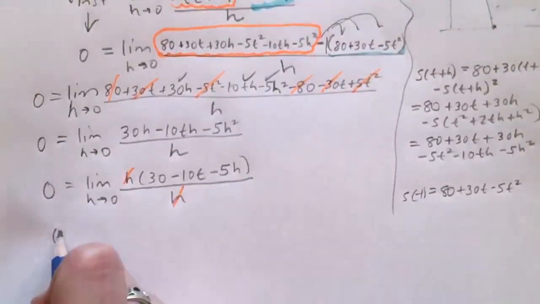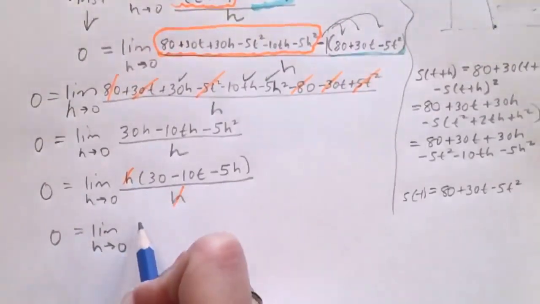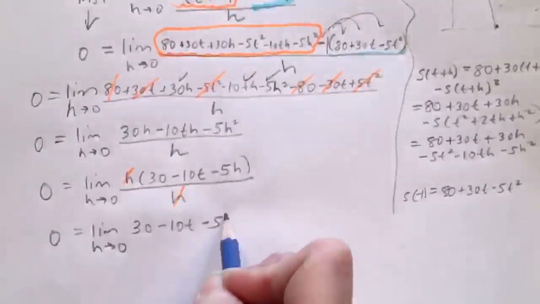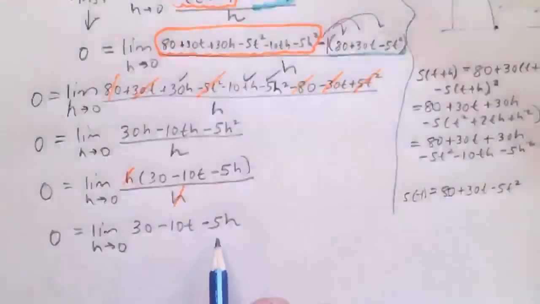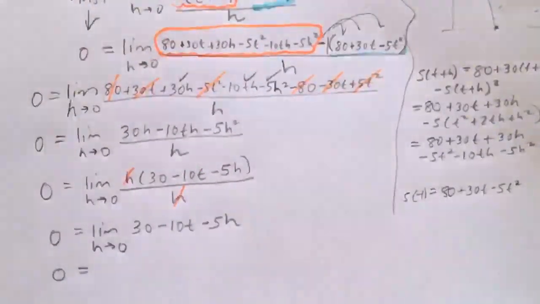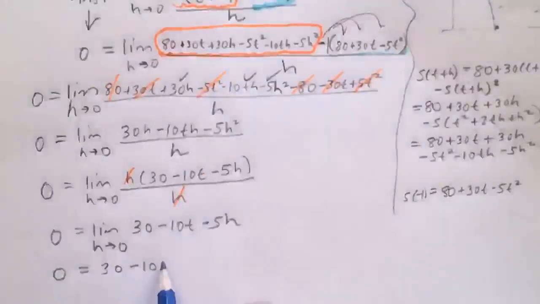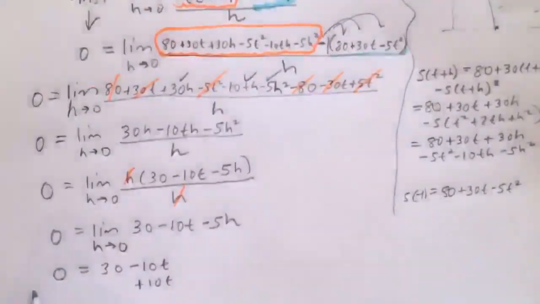So we're getting 0 equals the limit as h approaches 0 of 30 minus 10t minus 5h. Now we can let h approach 0 because the denominator does not approach 0. And we'll get 30 minus 10t, add 10t to both sides.